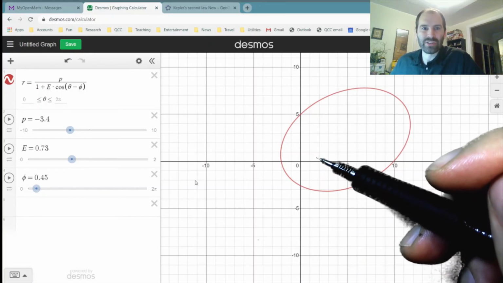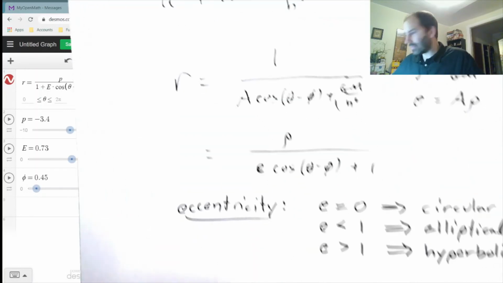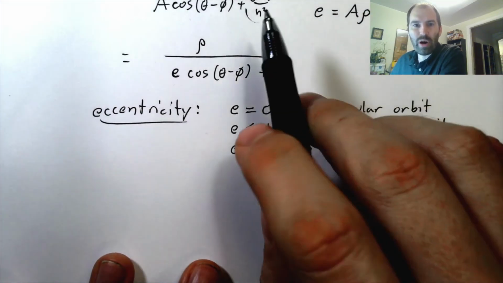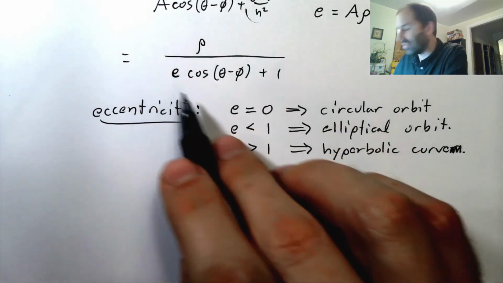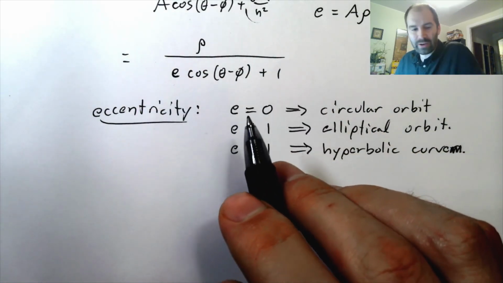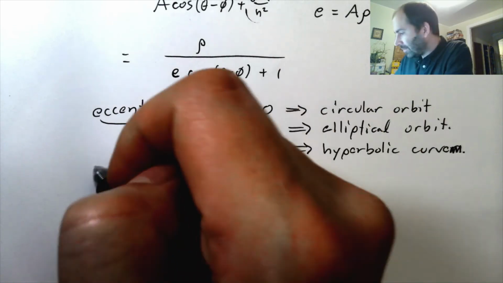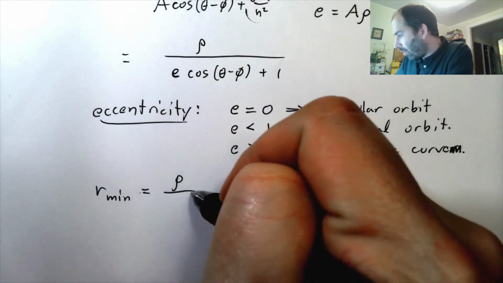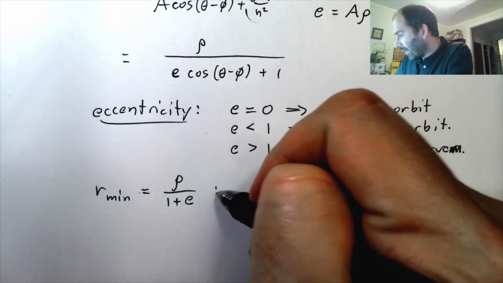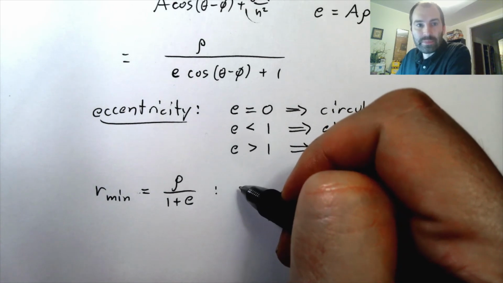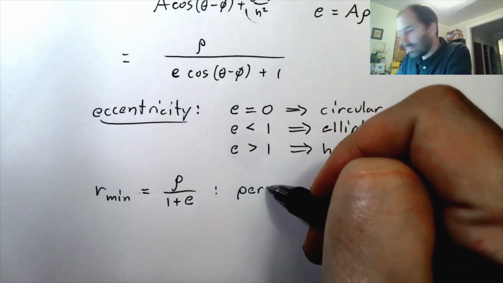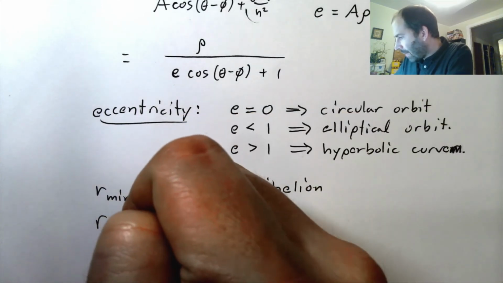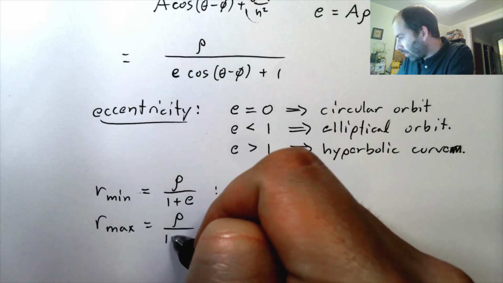Okay, and so you can compute those. You just minimize this function and see where r is the smallest and where r is the biggest, so just use some Calc 1 in here to figure that out, and you'll see that the minimum value of r is equal to rho over 1 plus e, and that corresponds to the perihelion, P-E-R-I, and the max is rho over 1 minus e.